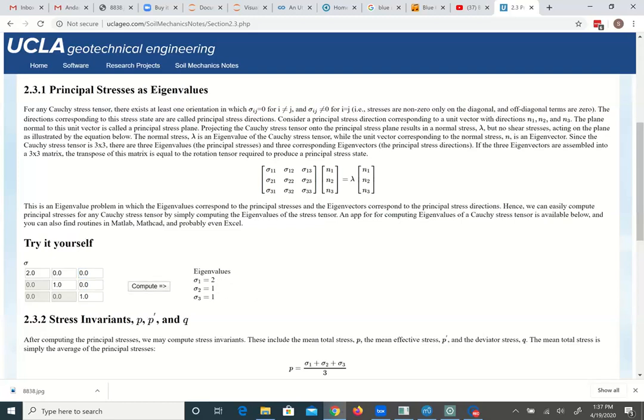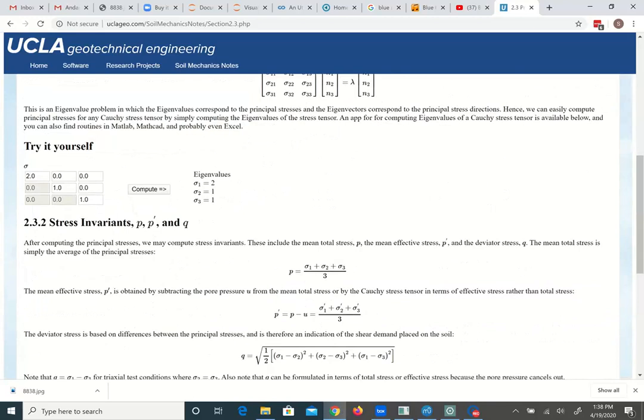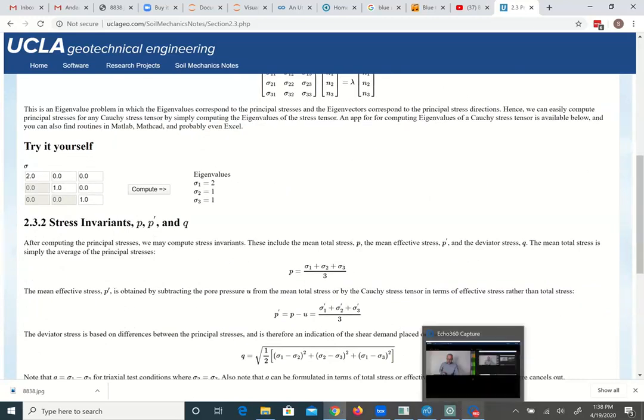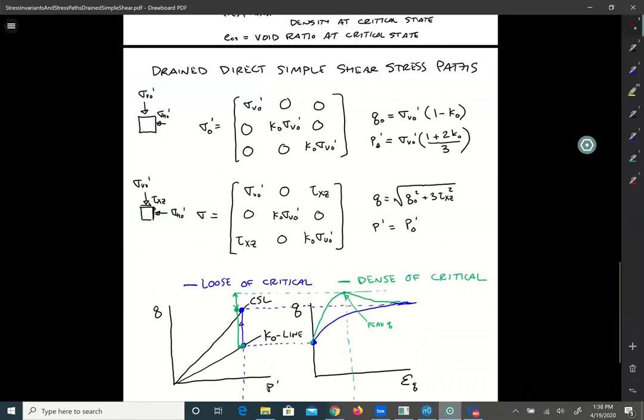You know that these are the principal stresses. Well, then you can put them into the equation here for q, right? And compute a value. Well, it turns out you can do this algebraically as well. And for K_0 consolidation, q is equal to sigma_v0' times (1 minus K_0). And then p_0' is pretty easy. Sigma_v0' times the quantity (1 plus 2K_0) over 3.